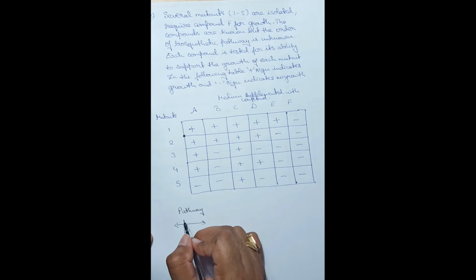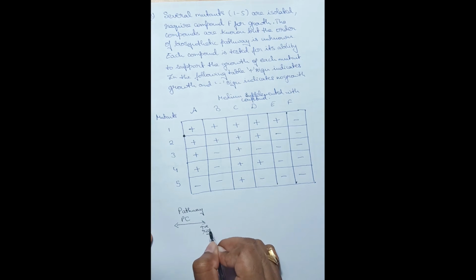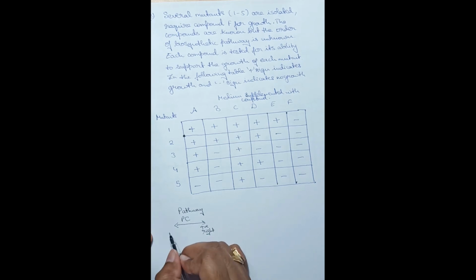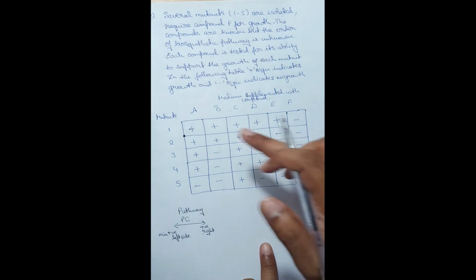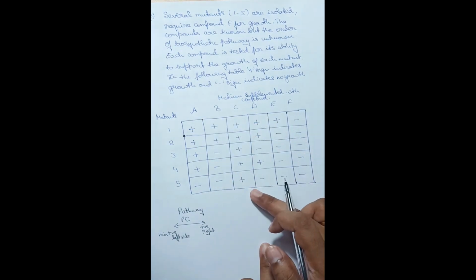The trick is the same. For the pathway we have to look at the columns, with maximum positives on the right side and minimum positives on the left side. Okay, so let's see. Column A contains 4 positive signs, column C contains 5 positive signs.